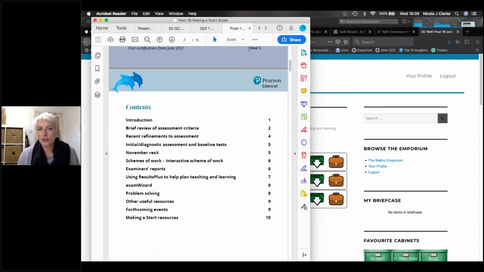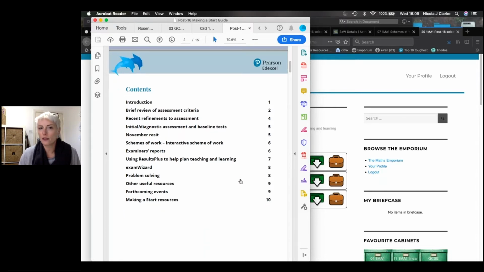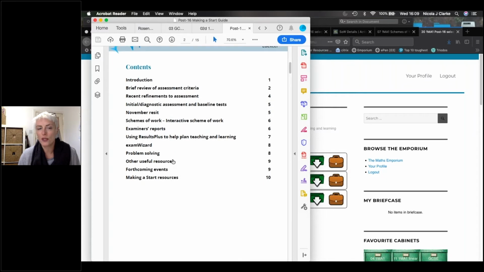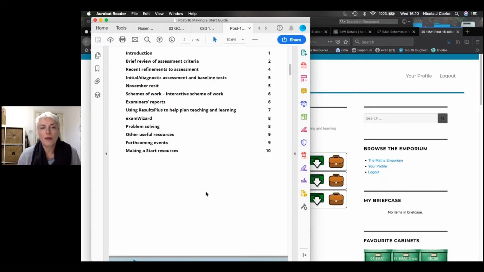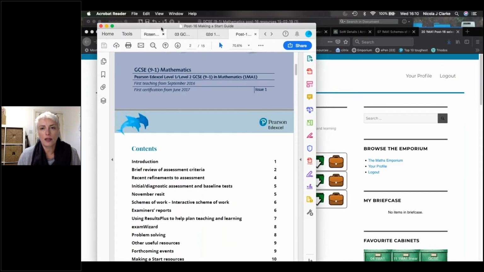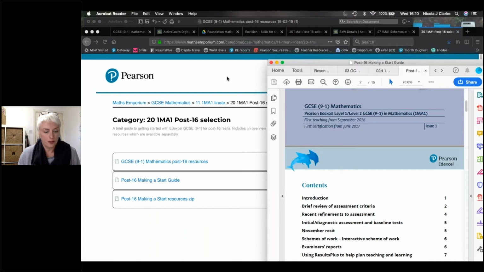This is for people that are specifically new to Pearson, but there's still some quite excellent guidance in there, referring again to more of the resources that we have, and we have tied up with that a set of resources to go with the Making a Start.